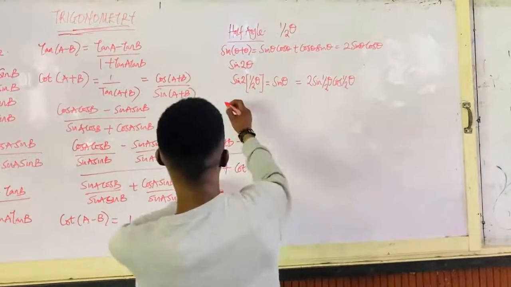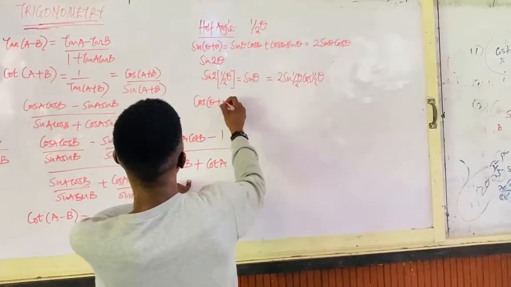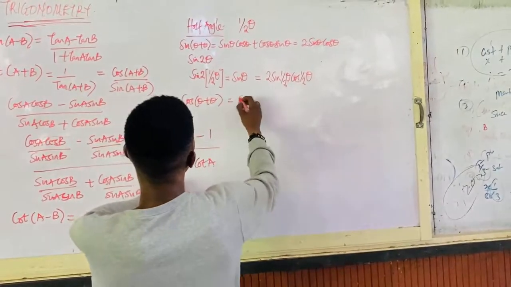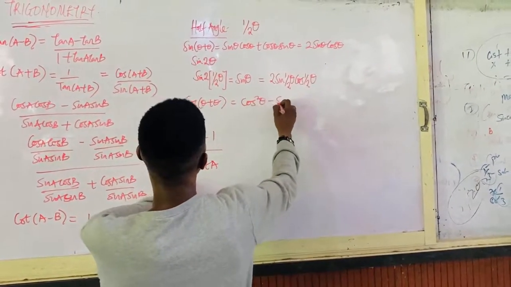Also cos theta plus theta is cos 2 theta, which is cos square theta minus sine square theta.